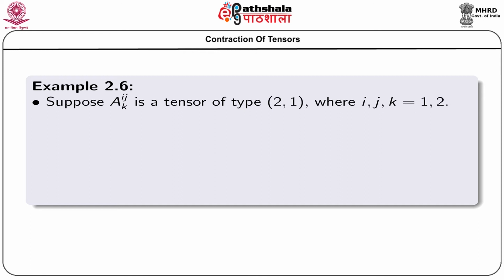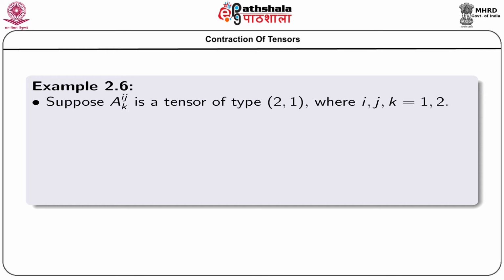Suppose a i j k is a tensor of type 2, 1 in a two dimensional vector space. That means a i j k are the elements of V tensor product V tensor product V star, and V has dimension 2.